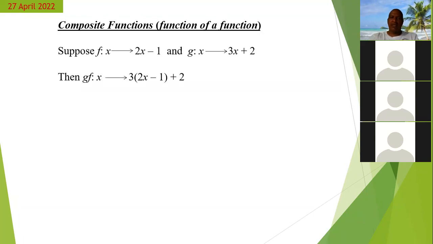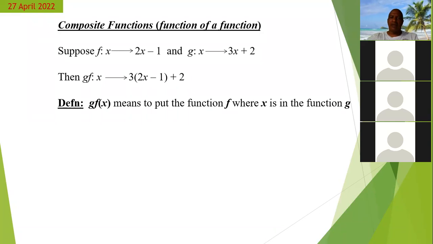Now, we can go two ways when we are doing our composite function. One way, so if we look up here, this would be the function defined by f, and this would be the function defined by g.